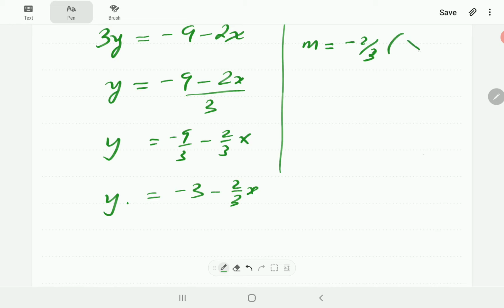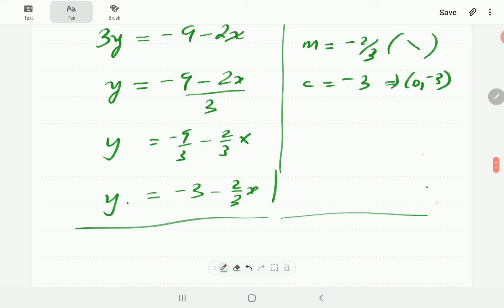So this is telling us that the line is going to be shaped a bit like that. The constant is minus 3, so the y-intercept is 0, minus 3. Then we can make a sketch of this.